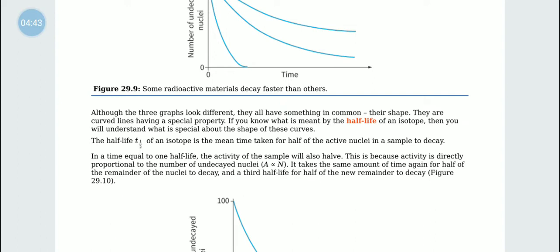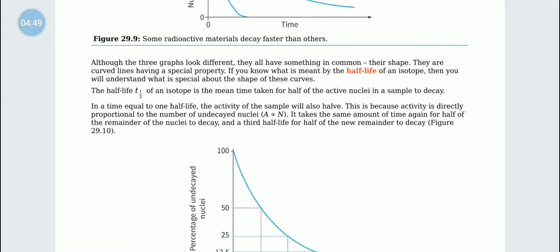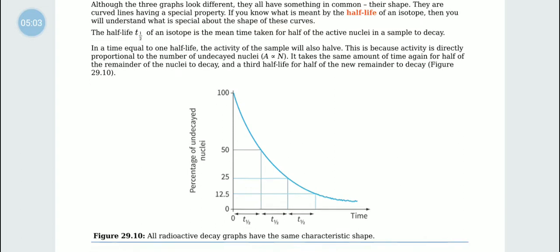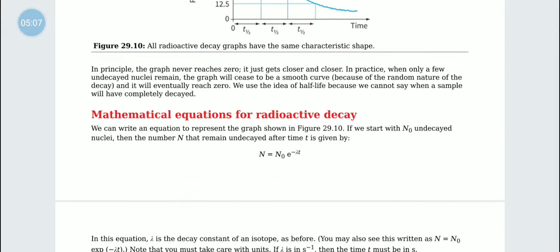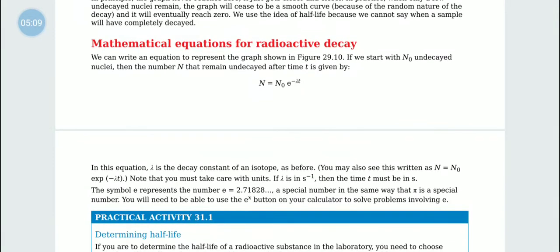This is referred to as the half-life of an isotope. Put a star and write down: half-life T1/2 of an isotope is the mean time taken for half of the active nuclei in a sample to decay. Please draw this figure 29.10, then you will understand it better. Then write down.